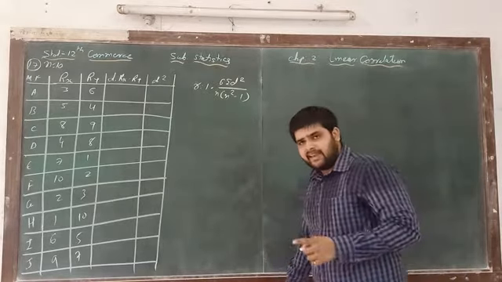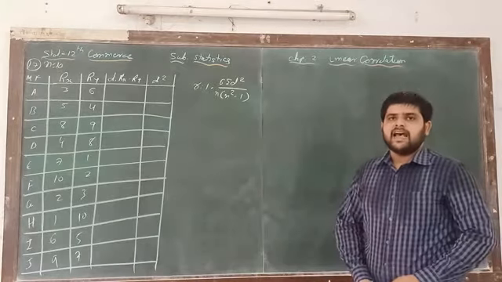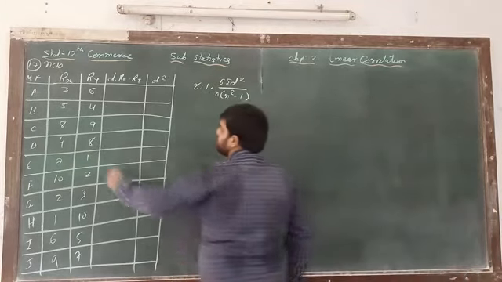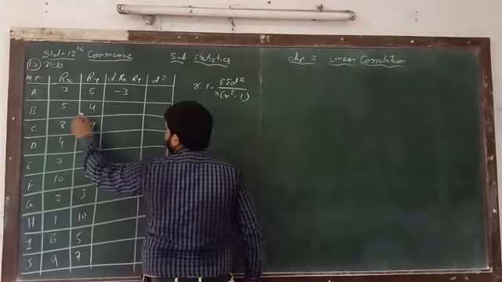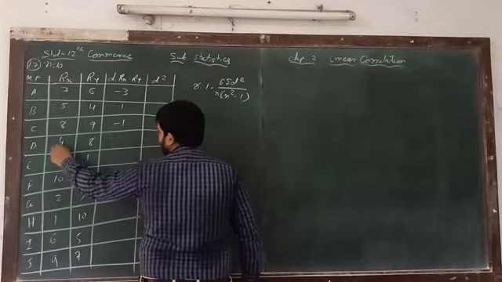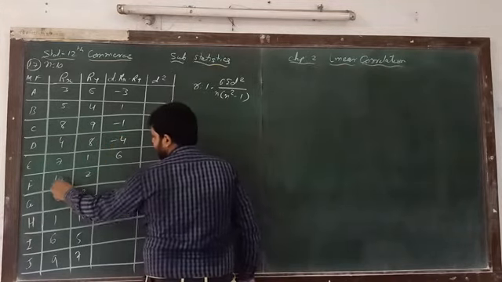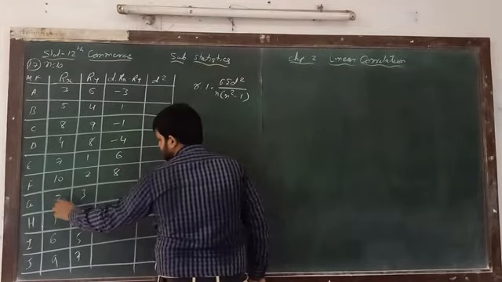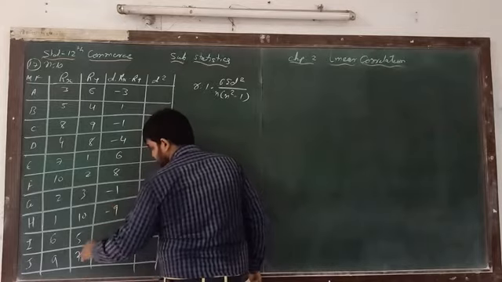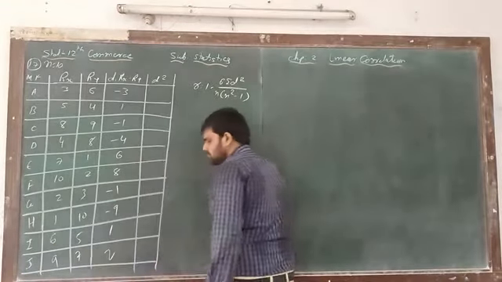How can we find d? Rx minus Ry. Okay, so 3 minus 6 is minus 3, 5 minus 4 is 1, 8 minus 9 is minus 1, 4 minus 8 is minus 4, 7 minus 1 is 6, 10 minus 2 is 8, 2 minus 3 is minus 1, 1 minus 10 is minus 9, 6 minus 5 is 1, 9 minus 7 is 2.